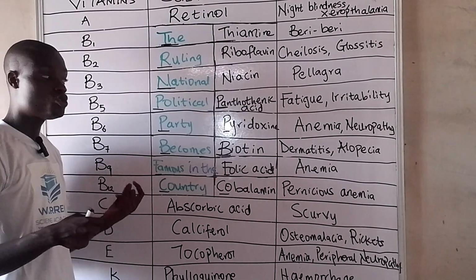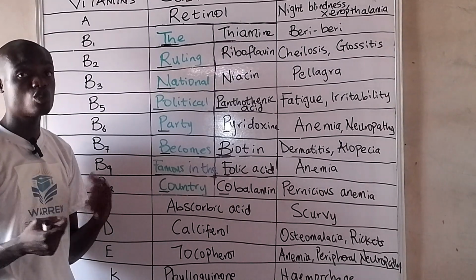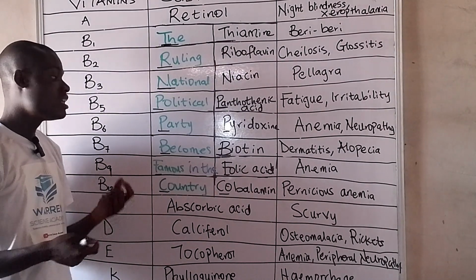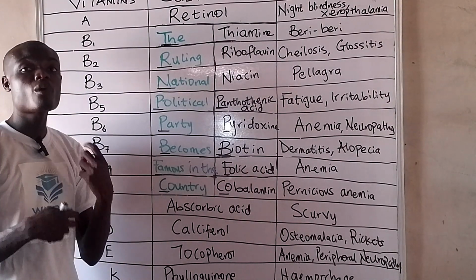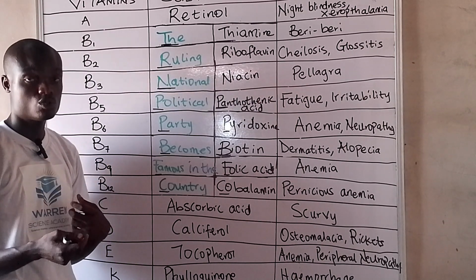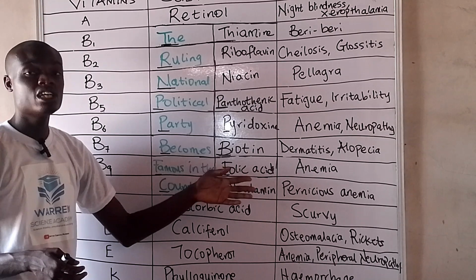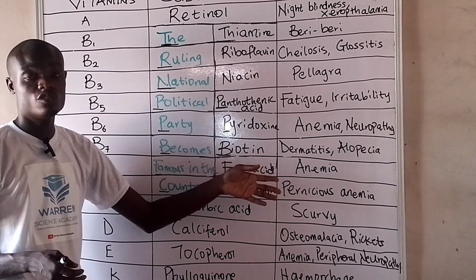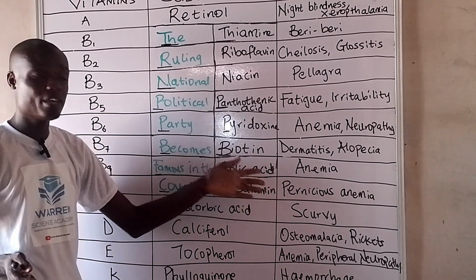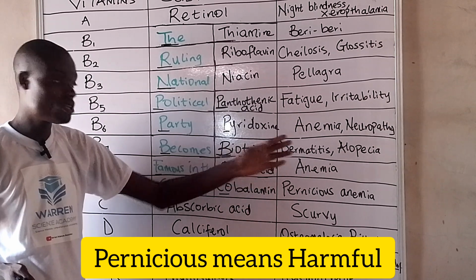If your meal does not contain vitamin B12, the ability of your body to form mature red blood cells becomes a problem. So there are few red blood cells in circulation, and if not well taken care of, it can lead to death. That's why it's called pernicious, which means harmful anemia.